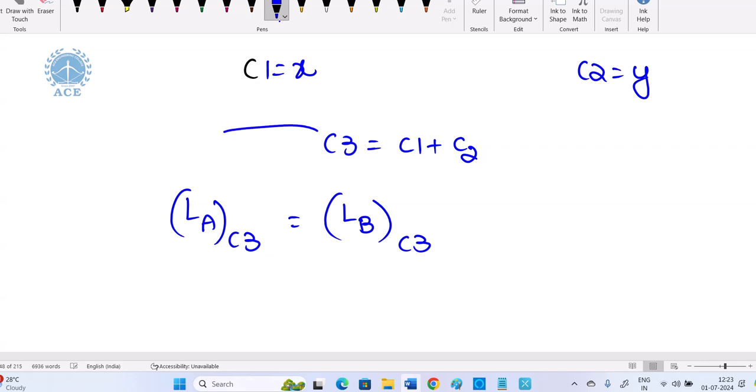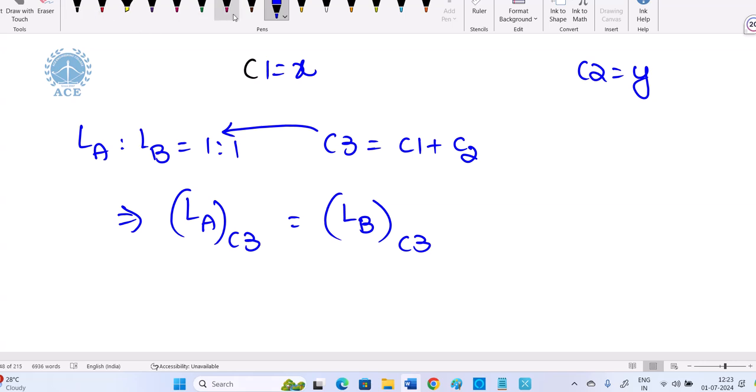Because they said container 3, which is obtained by mixing container 1 and container 2, has liquid A and B in 1:1. From that I am writing this point. Are you agreeing with that? Liquid A in container 3 must be equal to liquid B in container 3 because we should get a 1:1 ratio.